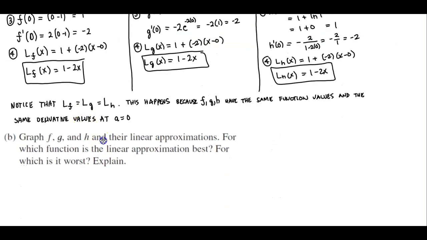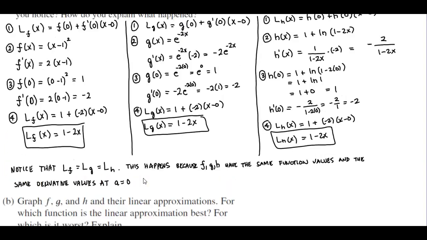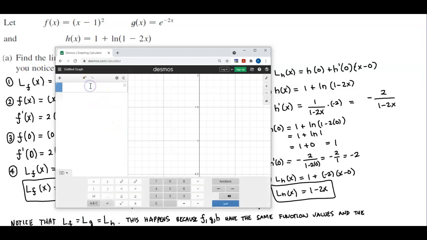Okay, now in part B it says graph f, g, and h and their linear approximations, and then for which function is the linear approximation best and for which is it worst, and then explain. So we're going to graph these functions on Desmos. So the first function we have is (x minus 1) squared.